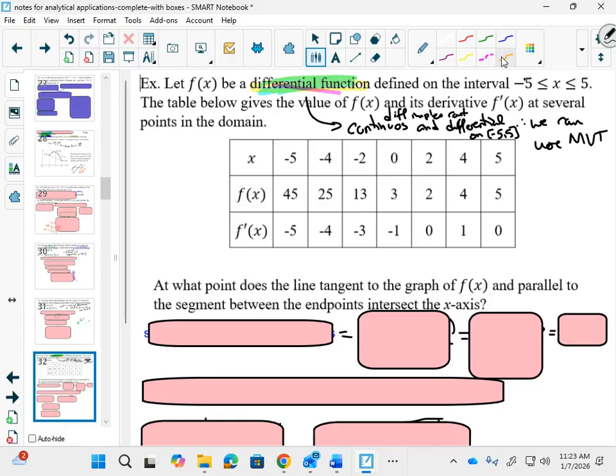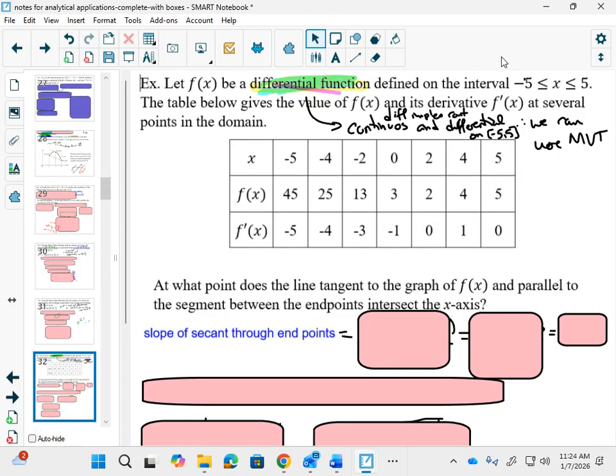The table below gives the value of f of x and its derivative at several points. At what point does the line tangent to the graph of f of x and parallel to the segment intersect the x-axis? So it's dealing with the slope of the secant line and the slope of the tangent.